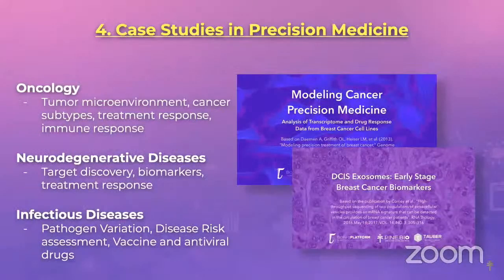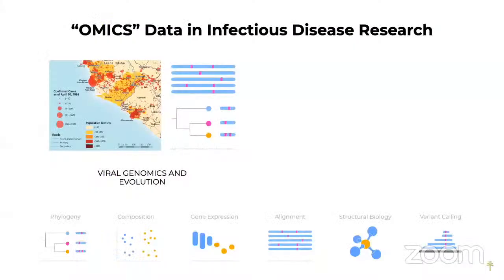Now that we have reviewed the rationale for bioinformatics and NGS in biomedical research in the clinic, let's review case studies of clinical research with real data. These include oncology, neurodegenerative diseases like Alzheimer's disease, and infectious diseases like COVID-19, malaria, or Ebola. We can look at how viral genomics and evolution can help us understand the spread of a disease and identify variants of concern in pathogens or genetic predisposition of some populations to be more susceptible to acquire disease and potentially have worse outcomes.